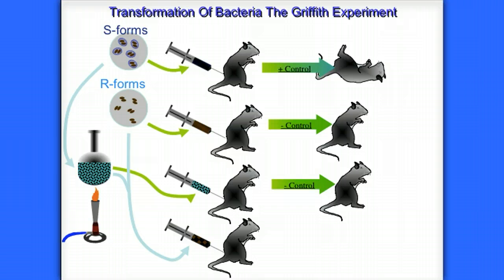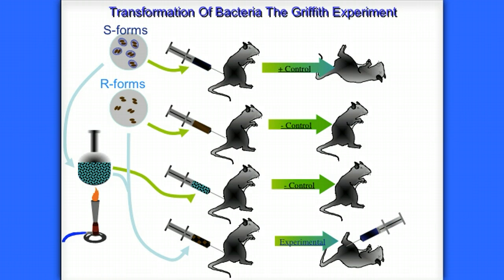But when these were injected together, the animals died. Now the question was, why did they die? What happened? And then they also found the body of the dead animal contained S forms.